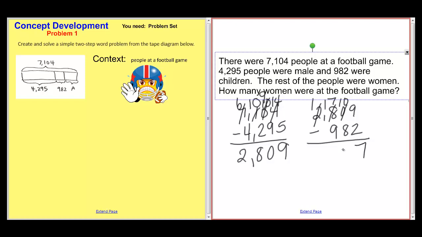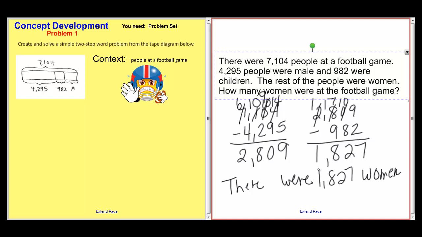So I have 7 ones, 2 tens, 8 hundreds, and 1,000. So, how many women were at the football game? There were 1,827 women at the football game.